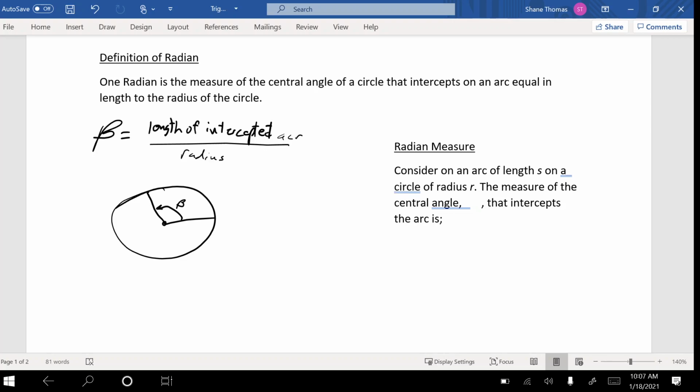This is going to be the beta. We know what a radius is. It's essentially going to take this guy and cut it in half. So we have the 2 times the radius over the radius of 2. Wow, I cannot spell arc. That should be A-R-C, not A-C-R.